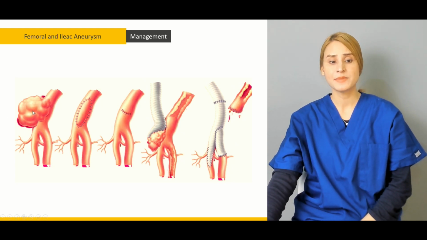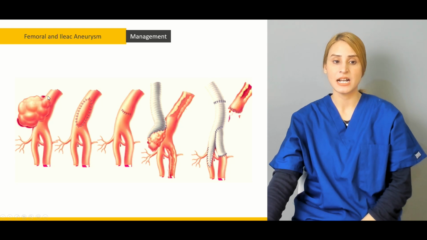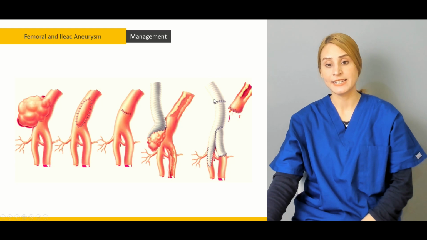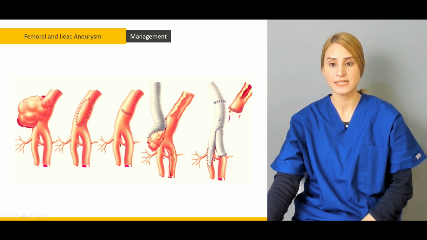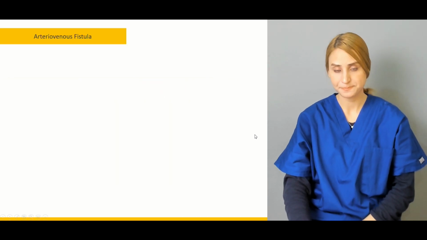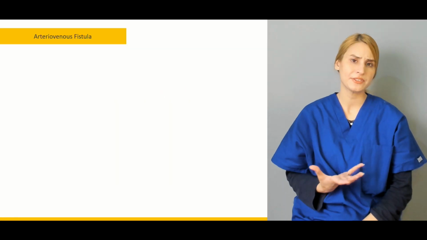Now the aneurysm is excised and separated, the proximal and the distal part is clipped or repaired, or sometimes the proximal and the distal part is ligated, and this bypass is created in case of the femoral artery bypass. So this was about the aneurysm.